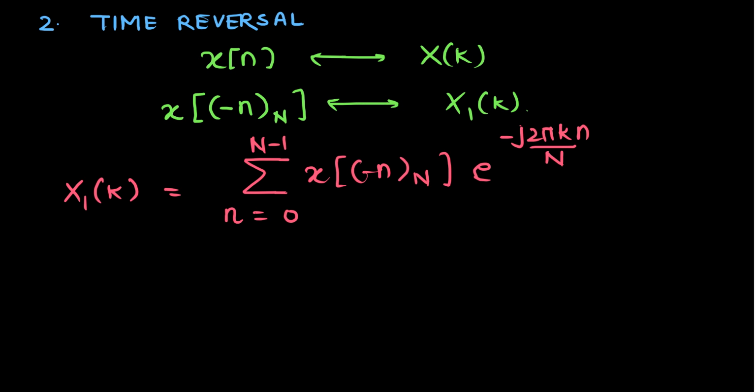Now if we observe this term here, that is minus n modulo N, it can be represented as N minus n. For example, if we have the value of capital N equal to 4, and let's say my small n here is given by 3.